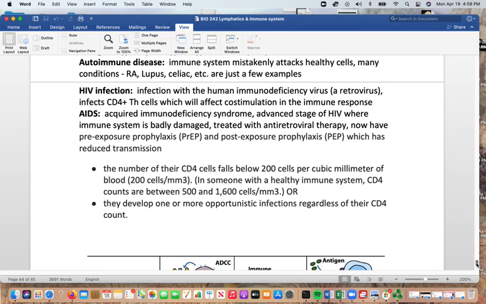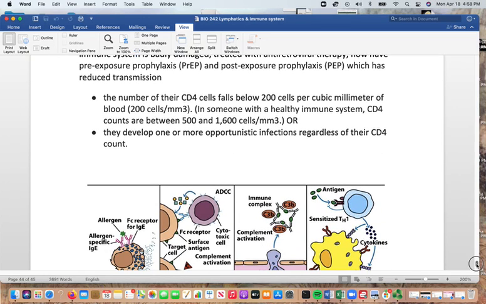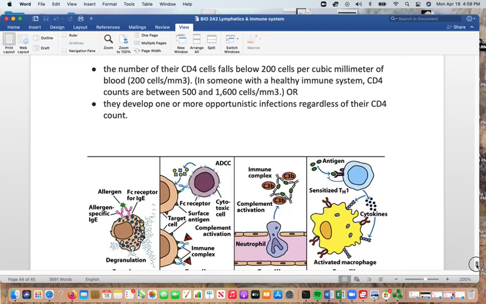In somebody that's got a healthy immune system, you have between 500 and 1600. The other thing that leads to a diagnosis of AIDS is developing one or more opportunistic infections, regardless of their CD4 count. So some infections you just don't see very often in a person that does not have AIDS.